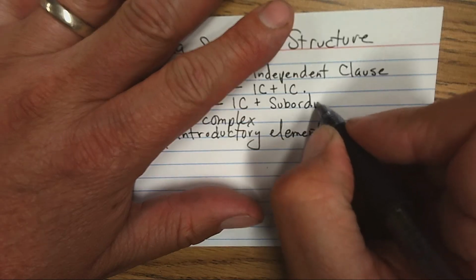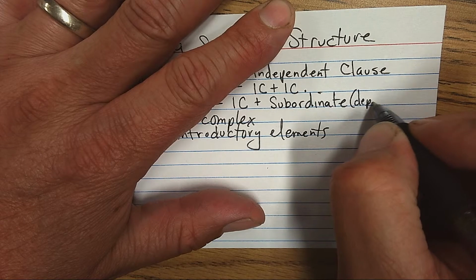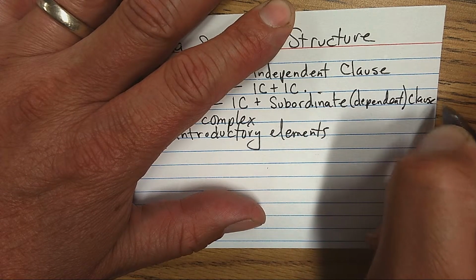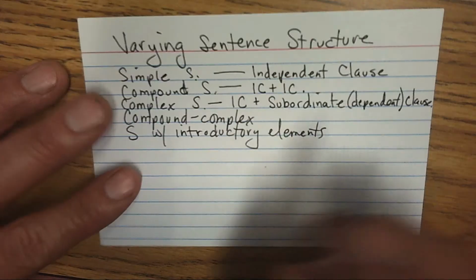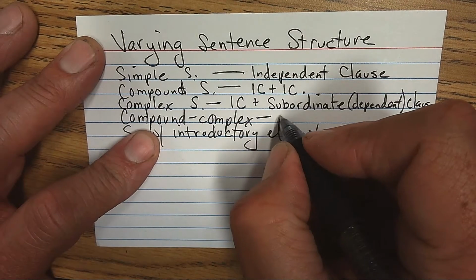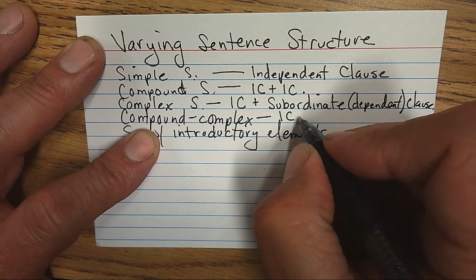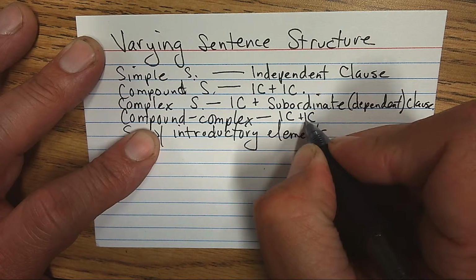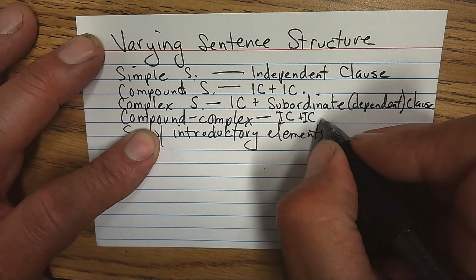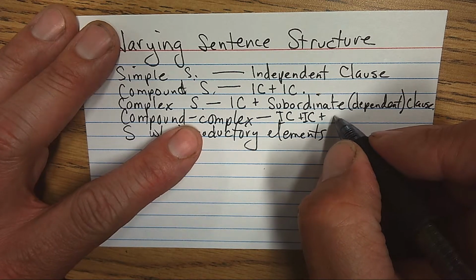That's the same thing. A compound complex sentence is a sentence with at least two independent clauses. That's the compound part. Plus it also has a subordinate clause to make it complex.